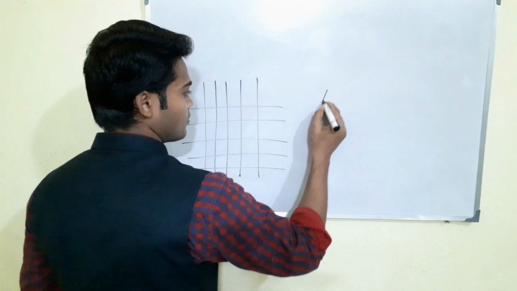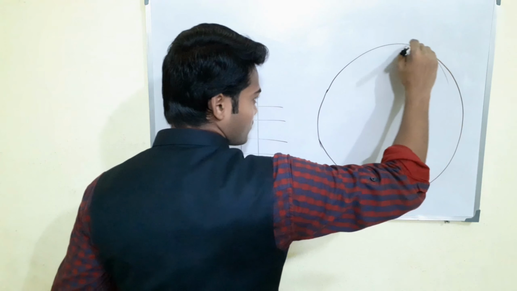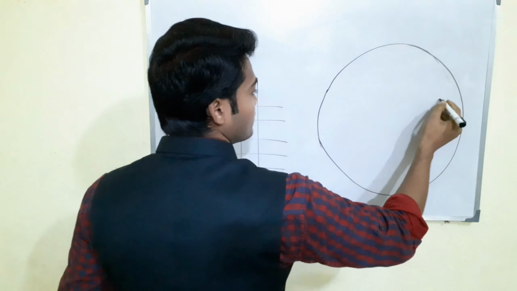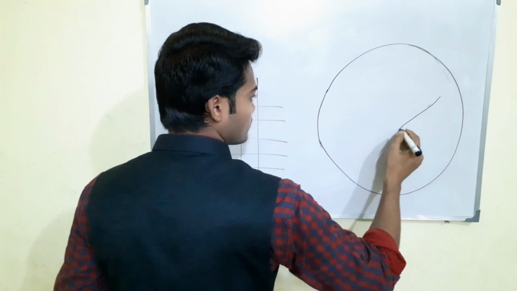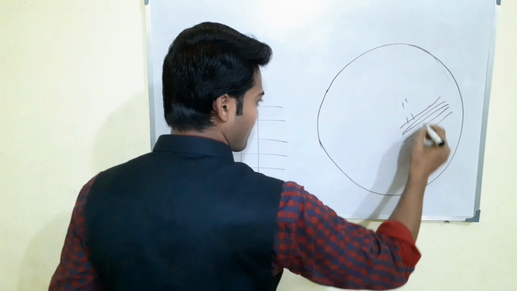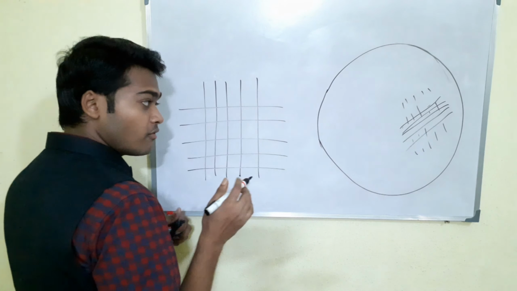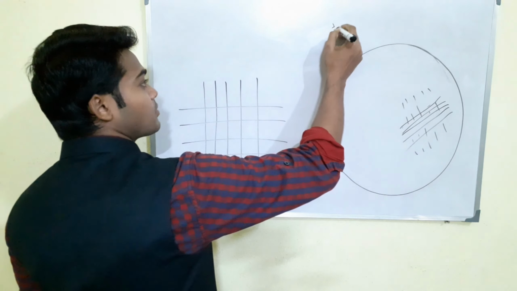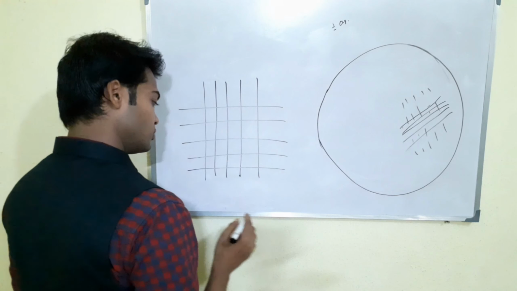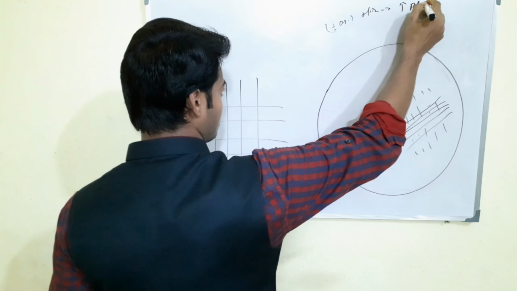What the patient reports: the first time you put the plus minus 0.5 cross cylinder, if the patient says the horizontal line is clear, you just increase the plus power.